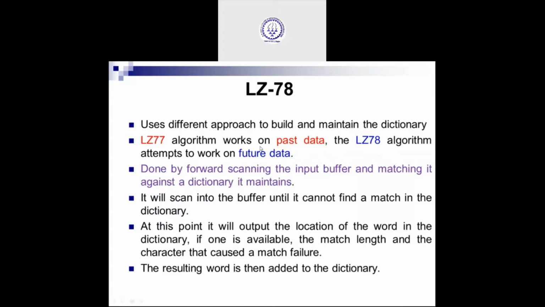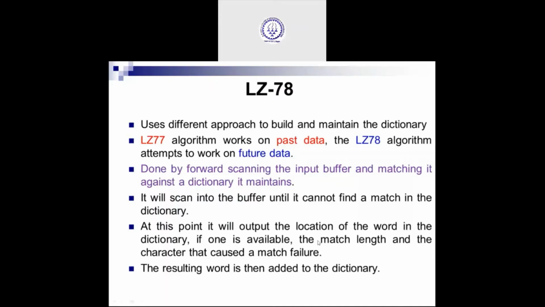Here our focus will be on the future data while designing the subsequences in the data. This is done by forward scanning the input buffer and matching it against a dictionary it maintains. It will scan the buffer until it cannot find a match in the dictionary.